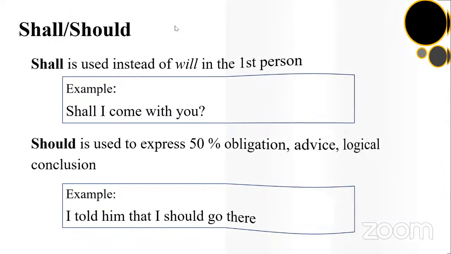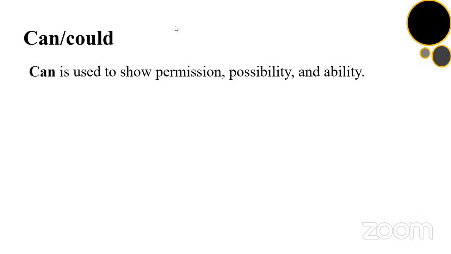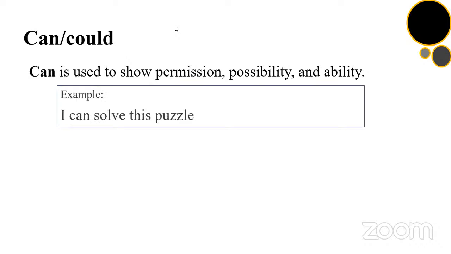So next is can and could. Can is the ability. Most of the time we use can for ability, like I can do. It also shows permission and possibility. For example, I can solve this puzzle. This shows your ability to solve the puzzle.